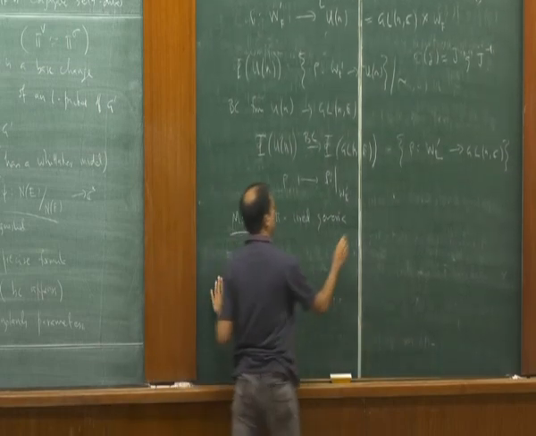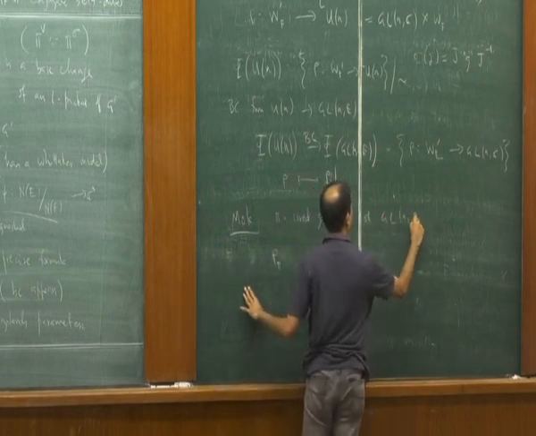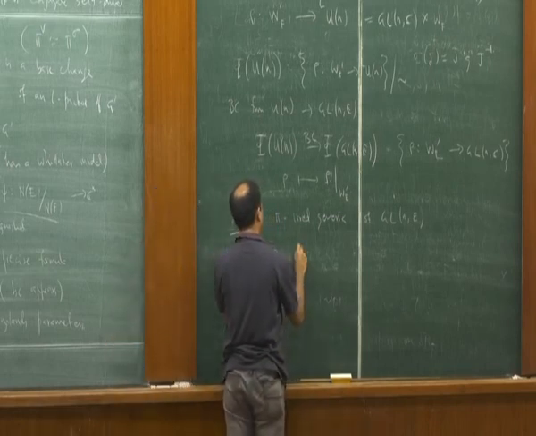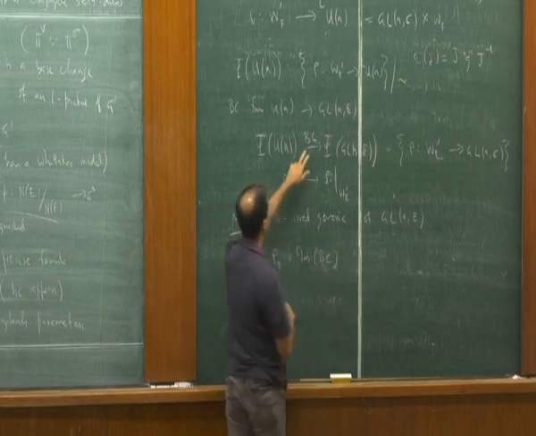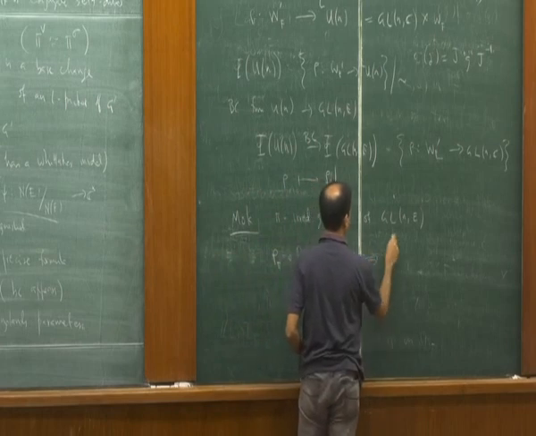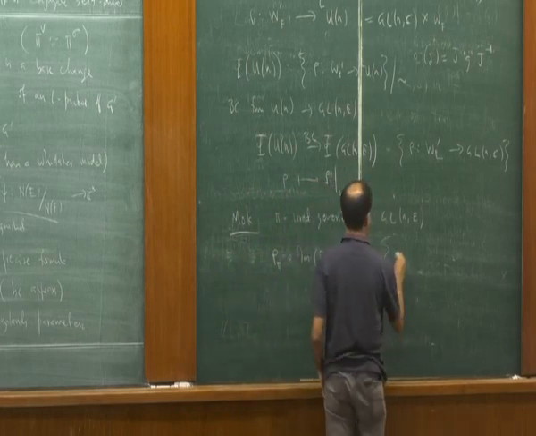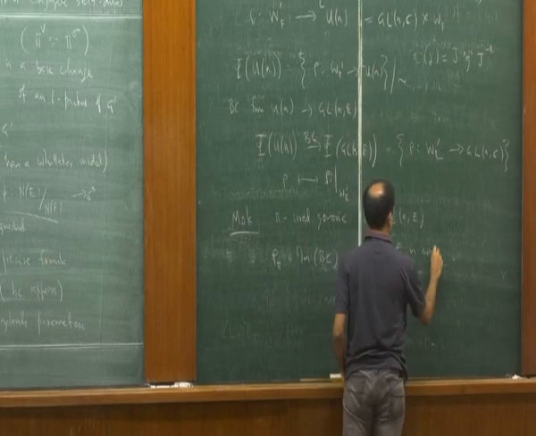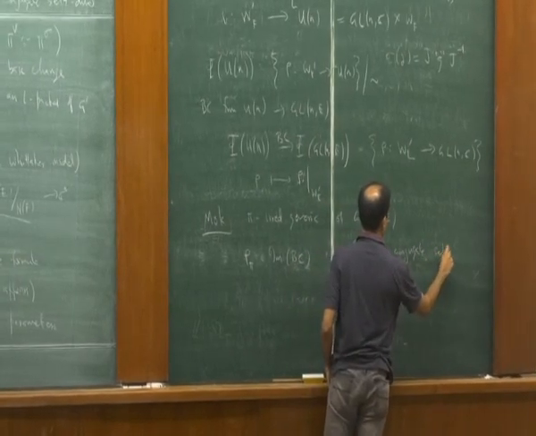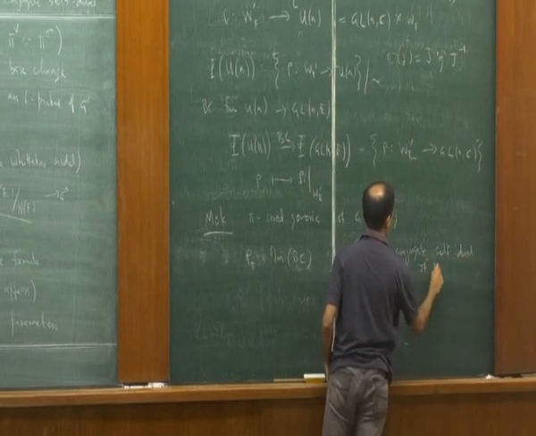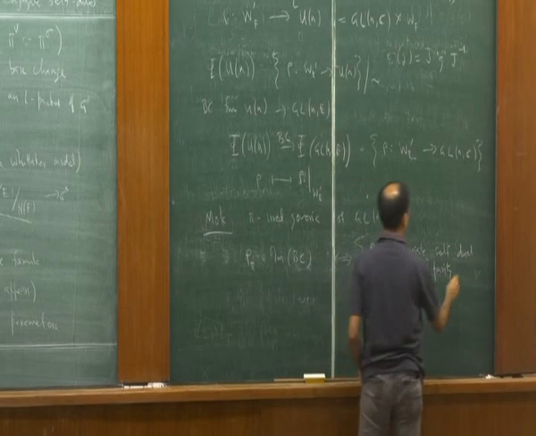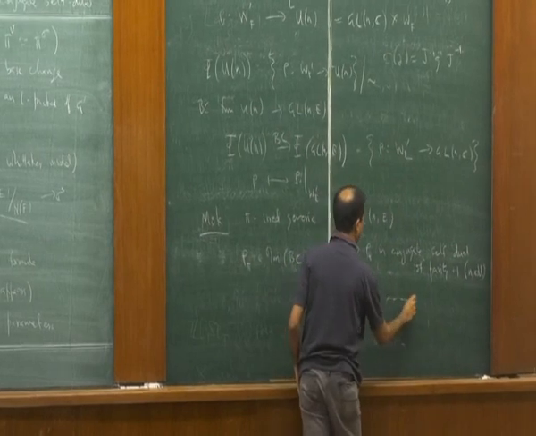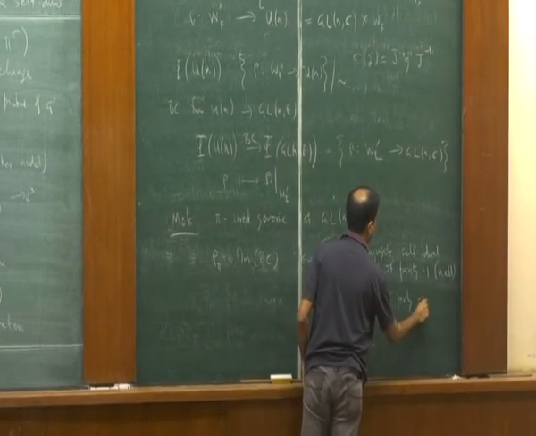Take the Langlands parameter of pi, so of GLN, consider its Langlands parameter, and this is in the image of base change, this map, if and only if rho pi is conjugate self-dual of parity plus 1 if n is odd, and it is conjugate self-dual of parity minus 1 if n is even.